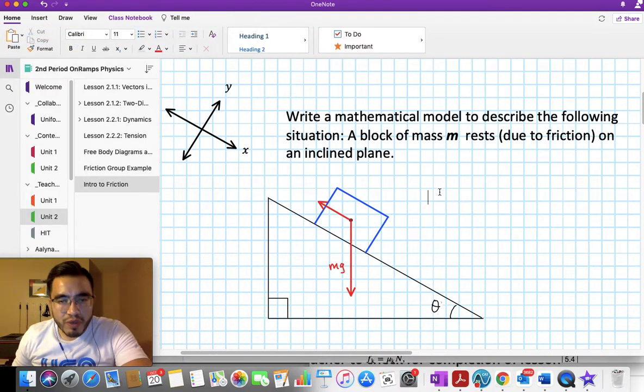Now we're missing one force. We said that anytime we have an object resting on a table or on the floor, there is a normal force which is against the weight of the object, right? We call that the normal force. The reason why it's normal is because it makes a 90-degree angle with the surface, in this case the inclined plane.